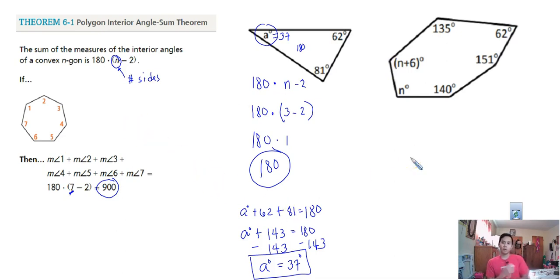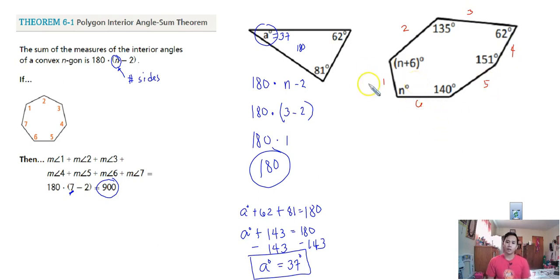Now, there is another example here. However, we have n, which is unknown, and of course n plus 6 is also unknown. The first thing we have to do is find the sum of the interior angles. Even if we don't know these, we can find it as long as we can count the number of sides. Let's count how many sides this polygon has: 1, 2, 3, 4, 5, and 6.